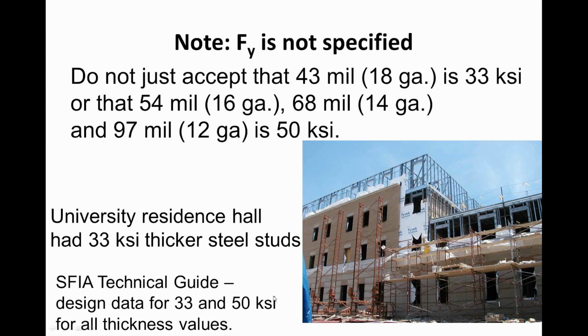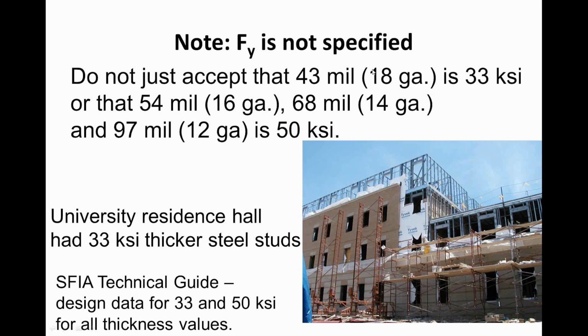And in fact, if you review the SFIA technical guide, the design data is given for both 33 and 50 KSI regardless of what this thickness is up here. So we can find the 97 mil section with both 33 and 50 KSI values listed. So I caution you, be careful. Make sure we know what Fy value we've got.